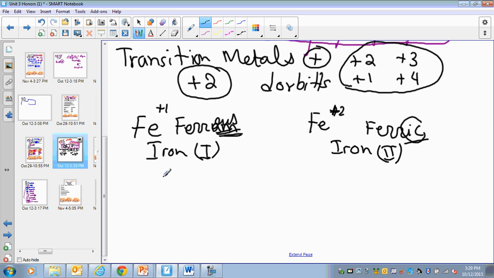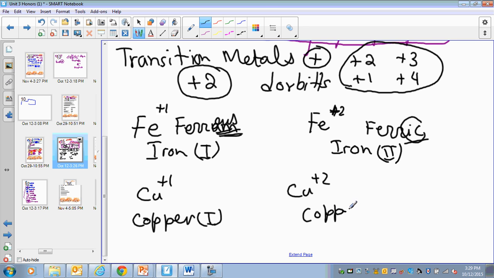Same thing, I have copper. Copper could be 1, copper could be 2. So if I just say copper, I don't know which copper it is because it could be 1, it could be 2. So I have to specify that it is copper 1 or copper 2.